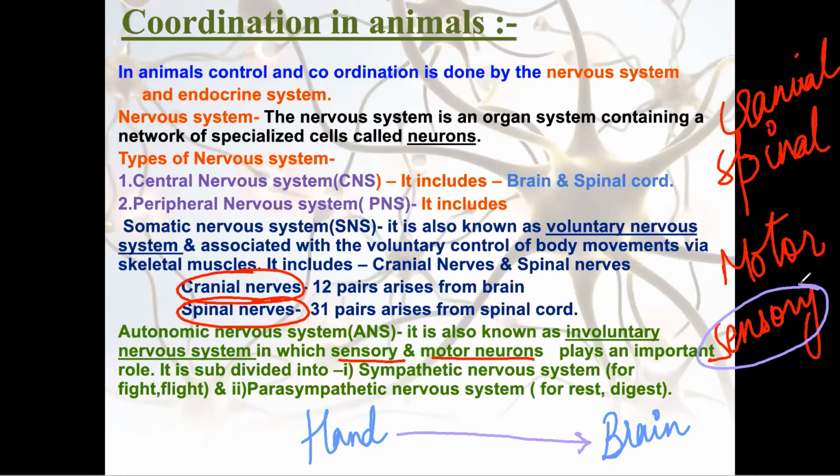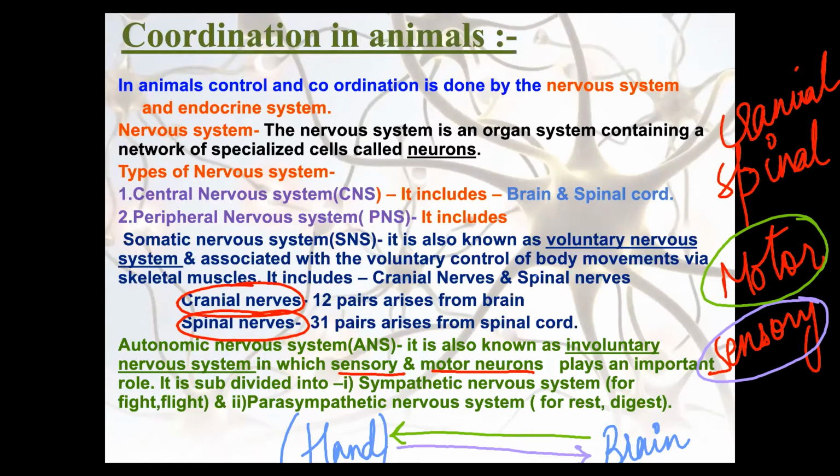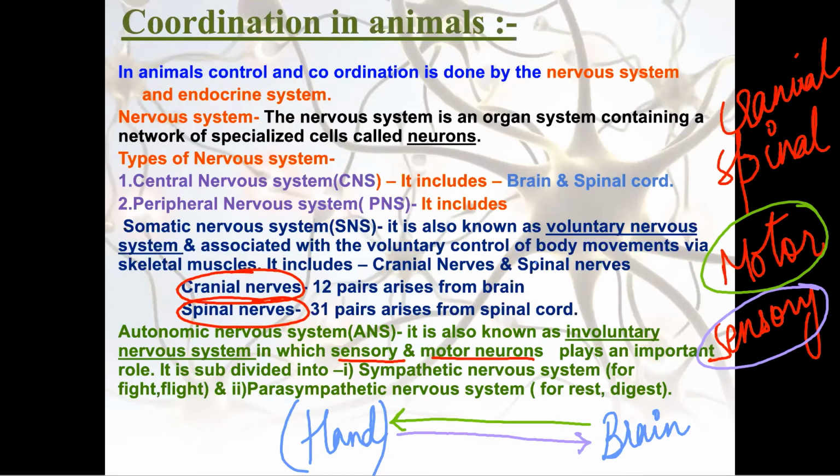And when the message is processed and it comes back from the brain to the hand, it is through motor nerves. Is it clear? Motor nerves are the ones that bring messages from the brain to the body, and sensory nerves are the ones that take messages from the body to the brain.